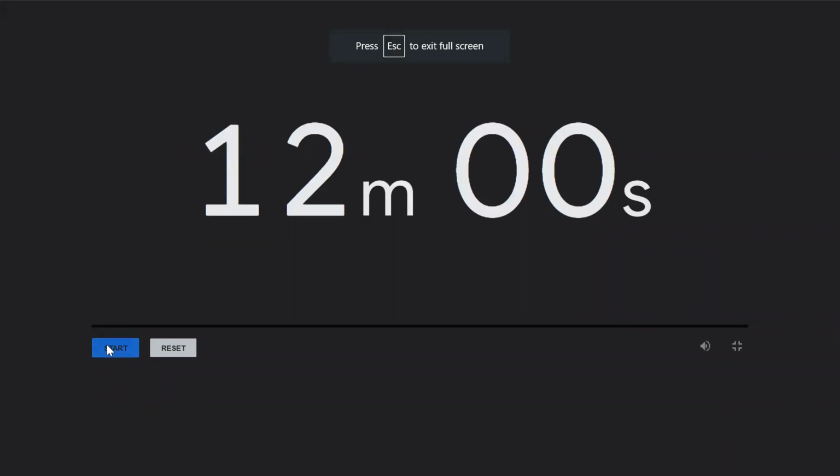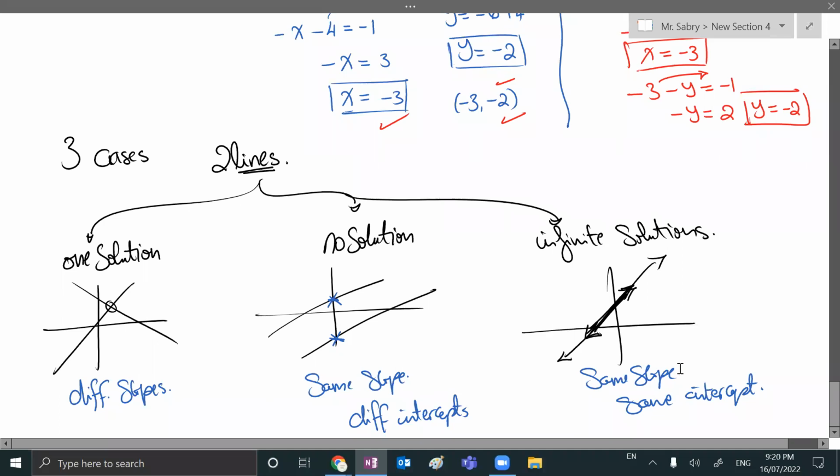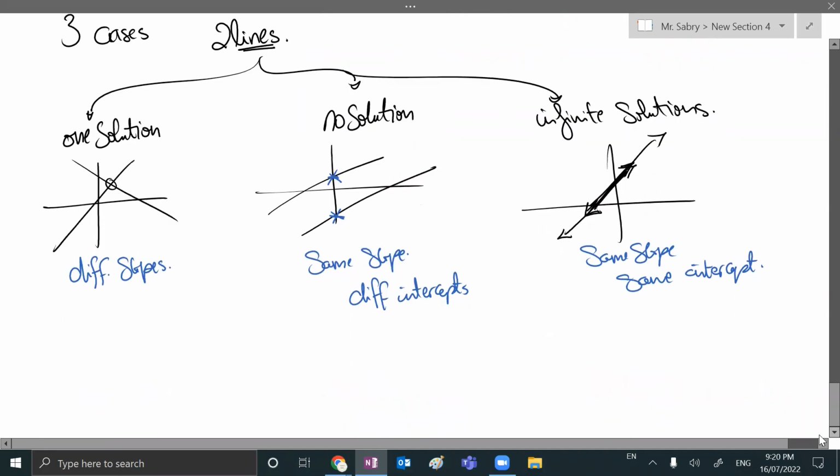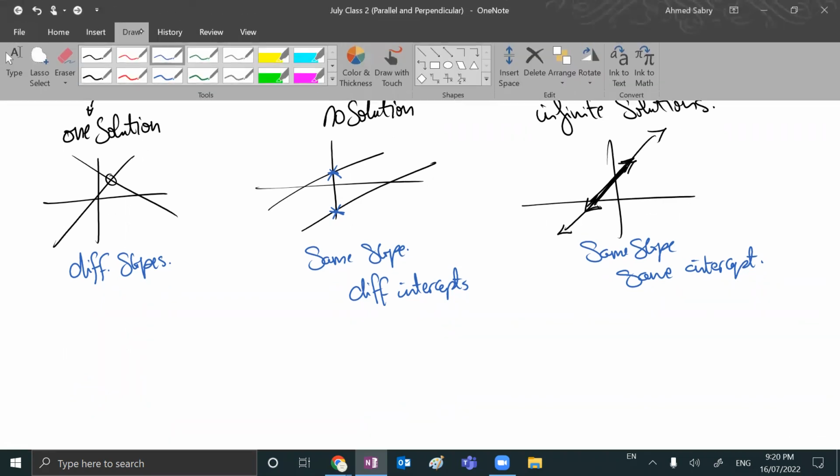The 12, what's the infinite again? The infinite, ya Muhammad, is the one where they have the same slope and the same y-intercept. It's the same line. This one. Same slope and same y-intercept. It's just one case. For example, I'll show you an example of it.